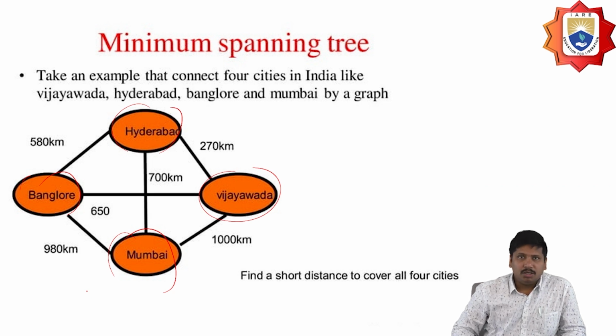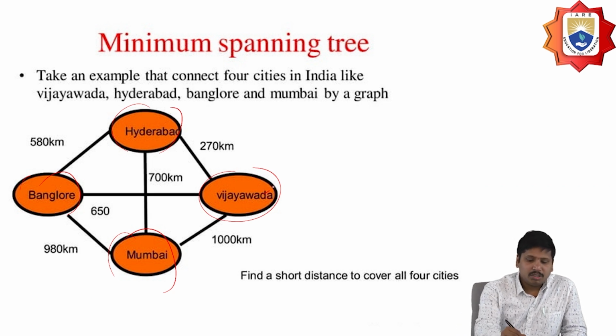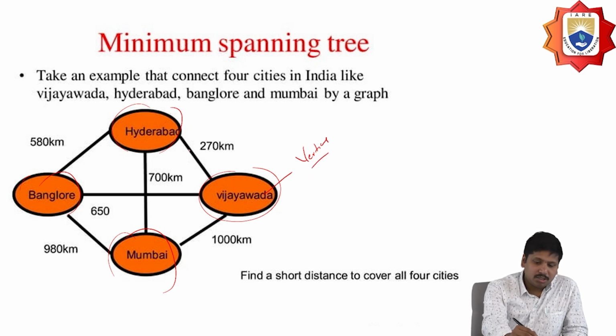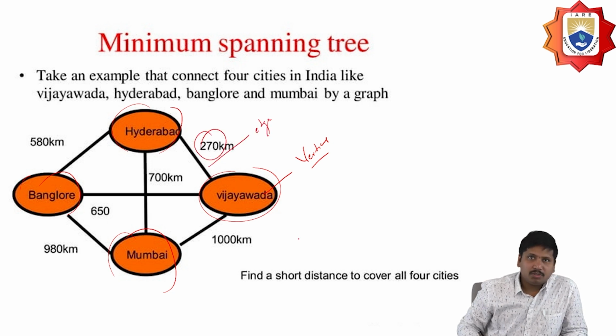The vertices will be considered as cities, the distance between these cities is considered as an edge, and the kilometers between the cities will be considered as a weight.